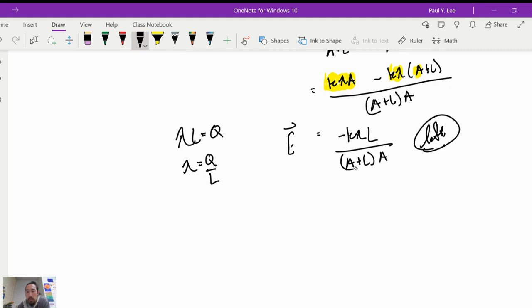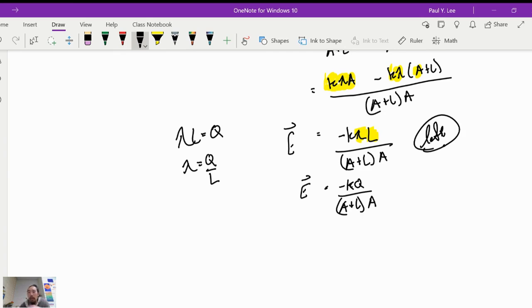So I'm going to replace lambda L, once again I'll highlight it so you can see exactly what I'm substituting, with my Q. So we get an E field which is equal to negative KQ over A plus L times A. All right, and that is my E field, if we were to take a look at the E field from the left-hand side of the rod.